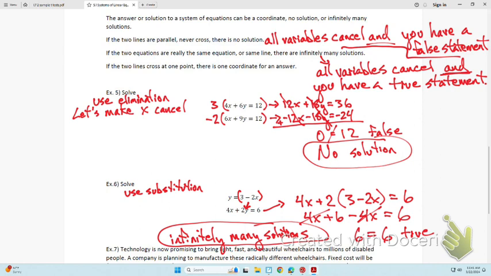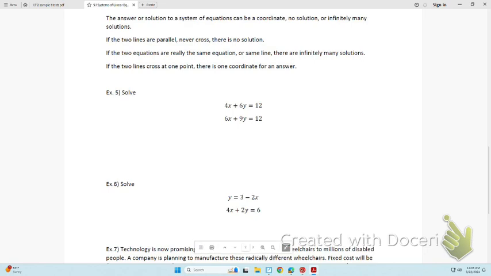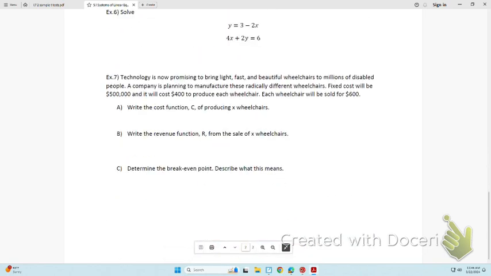All right, we had one more thing. We have a big word problem. We are looking at a company that sells and makes wheelchairs. So there's a lot of terminology on this one. Maybe hit pause and skim the paragraph.